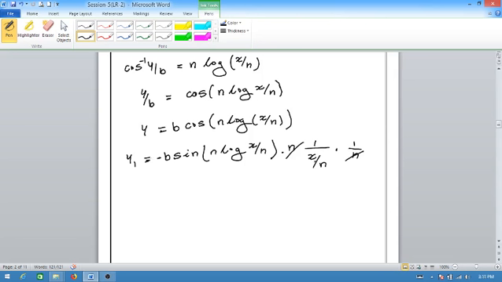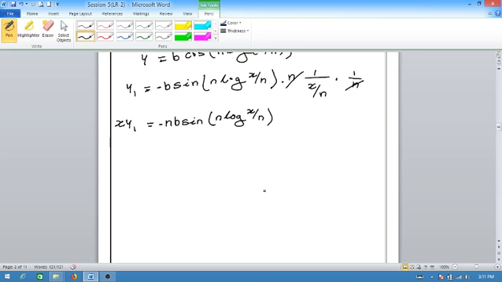If I multiply by x here, then x into y1 is equal to minus n into b sine n into log x by n, right?